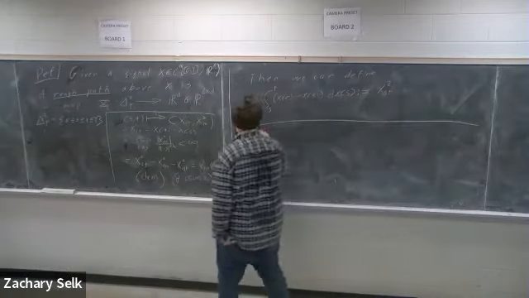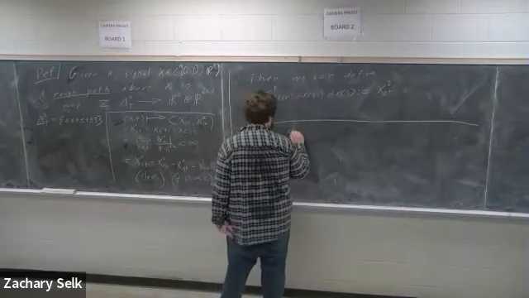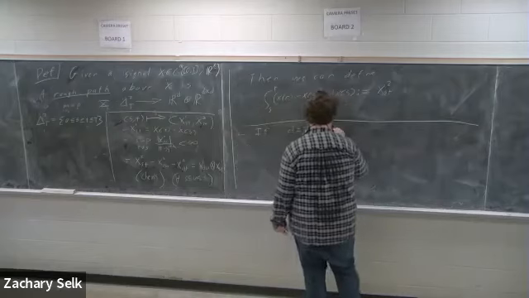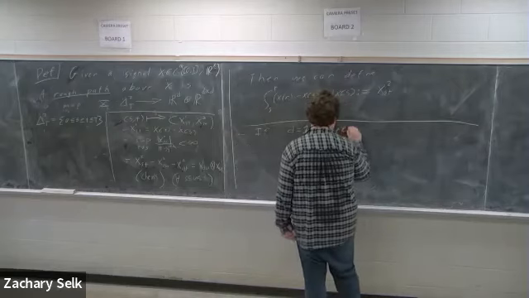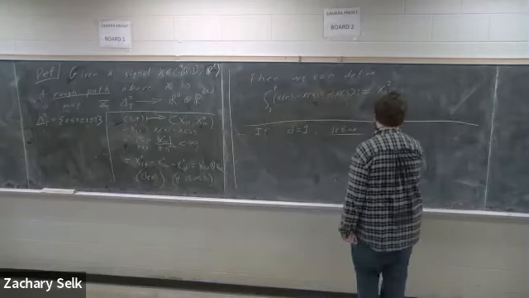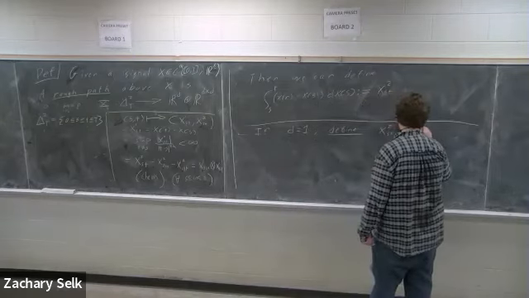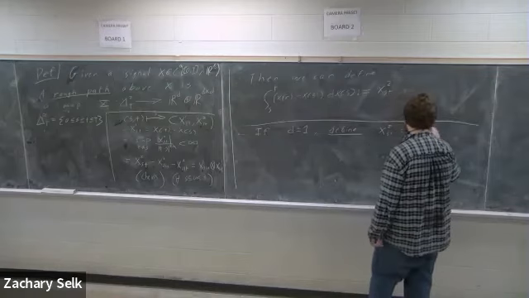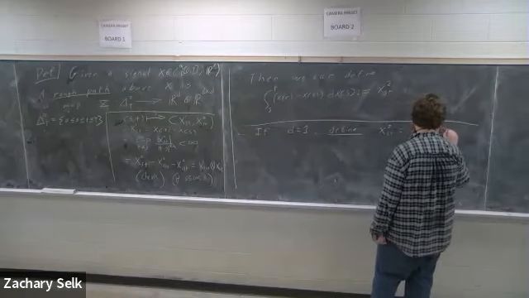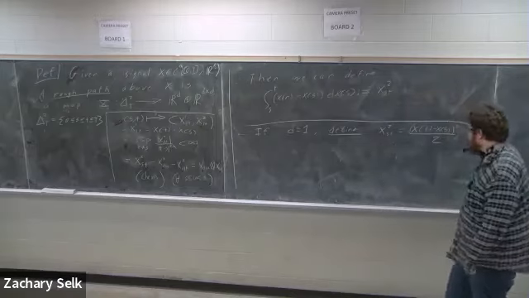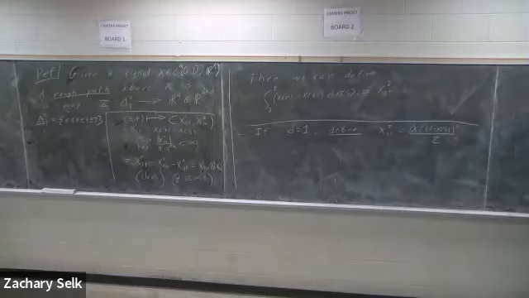If D is equal to 1, define X2 ST as, say, X of T minus X of S, squared, over 2 as a definition.